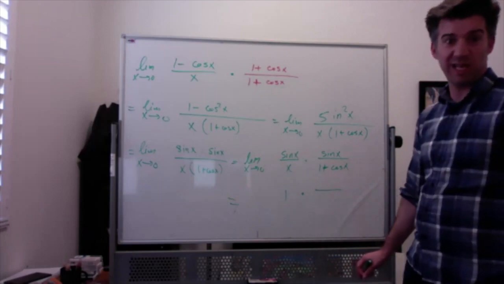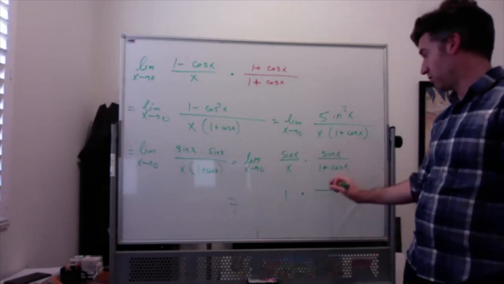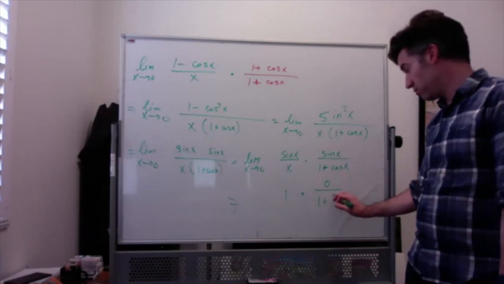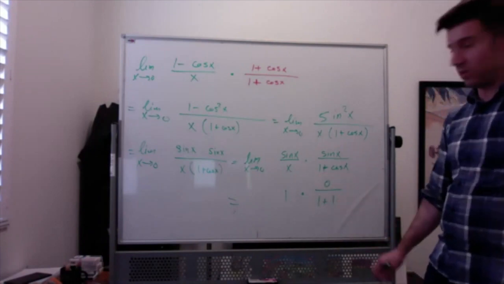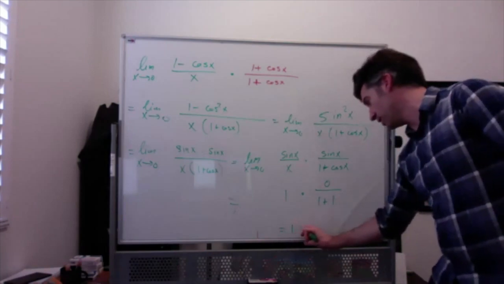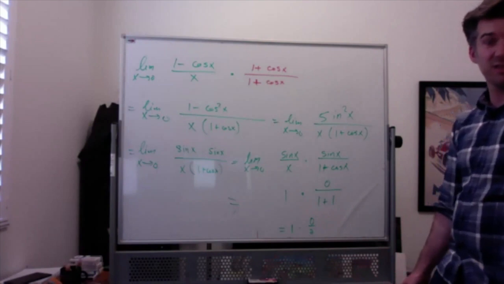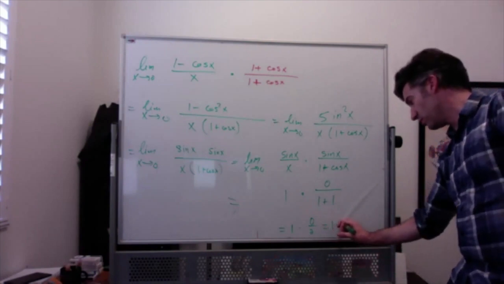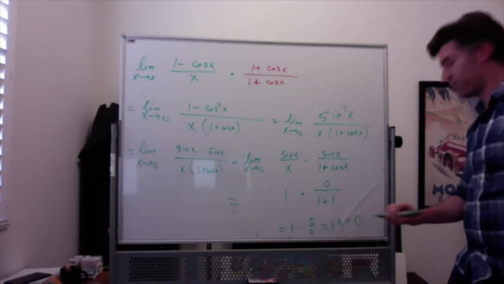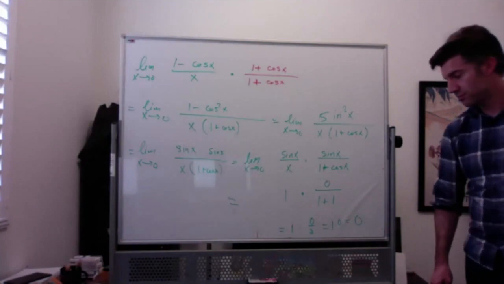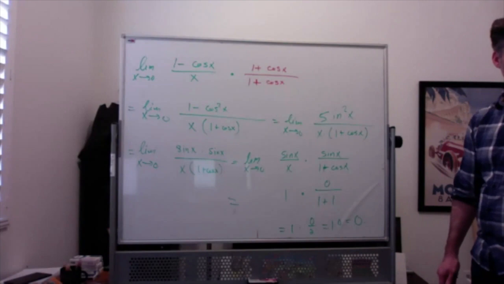Well, we can just plug it in. Sine of 0 is 0. Cosine of 0 is 1. So I end up with 1 times 0 divided by 2. 0 divided by 2 is just 0. 1 times 0 is just 0. So this ends up being 0.